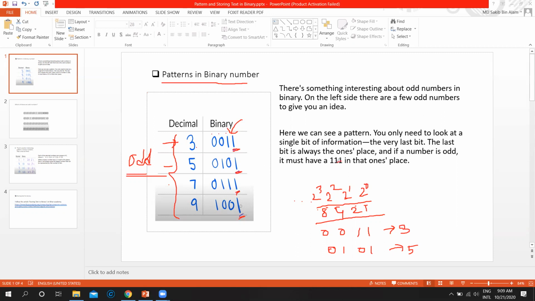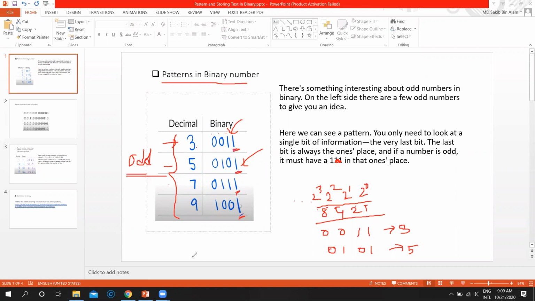This is not 11, this is 1 actually. Whenever you convert an odd number into binary, you will always find 1 at the last bit, that means the ones place. This is ones place, this is twos place, something like that.